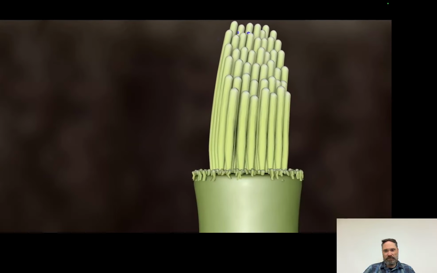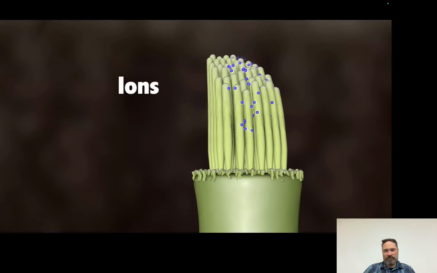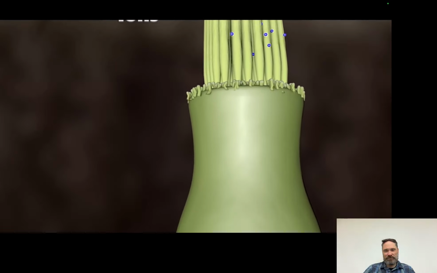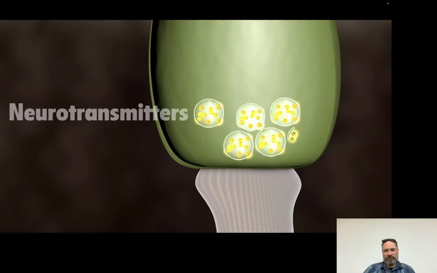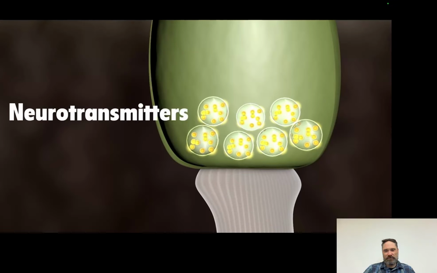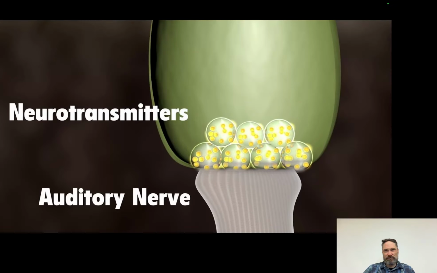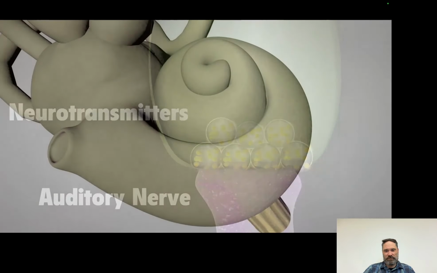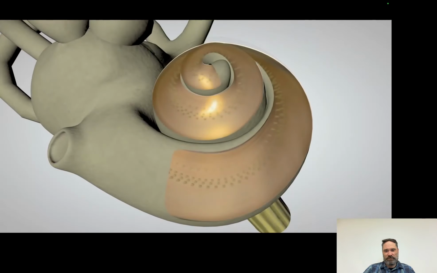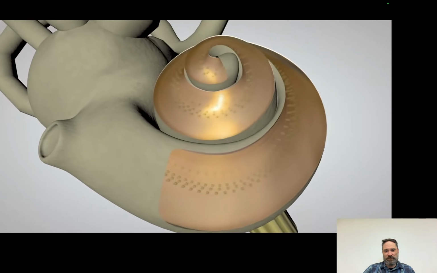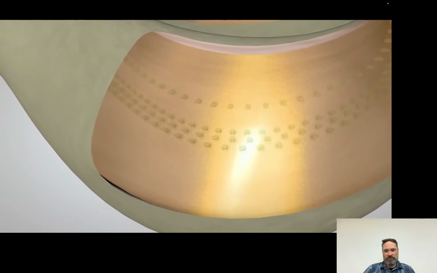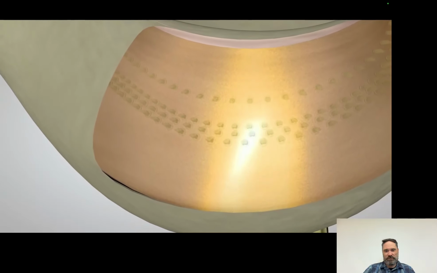As the hair bundles are moved, ions rush into the top of the hair cells, causing the release of chemicals at the bottom of the hair cells. The chemicals bind to the auditory nerve cells and create an electrical signal, which travels along the auditory nerve to the brain. Different hair cells respond to different frequencies of sound. The hair cells at the base of the cochlea detect higher-pitched sounds, such as a piccolo or flute.